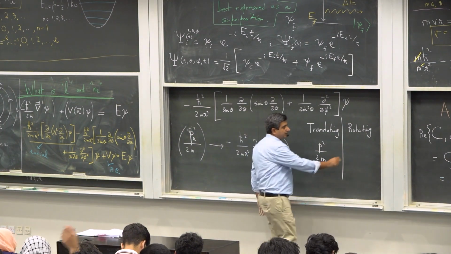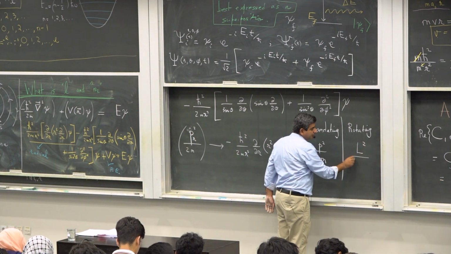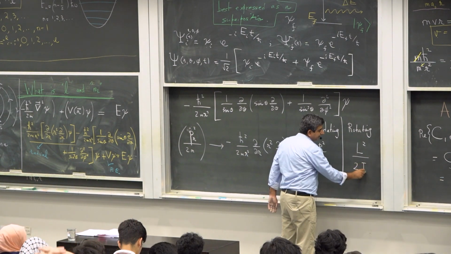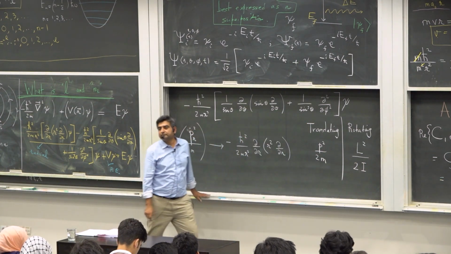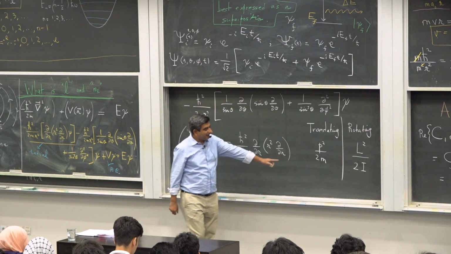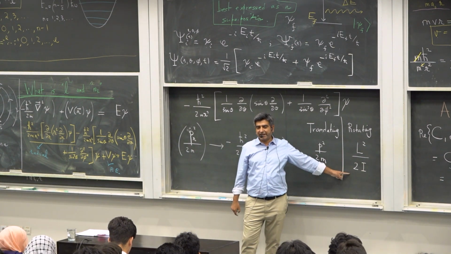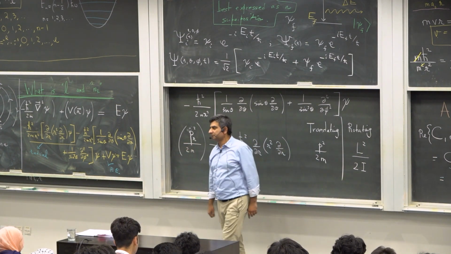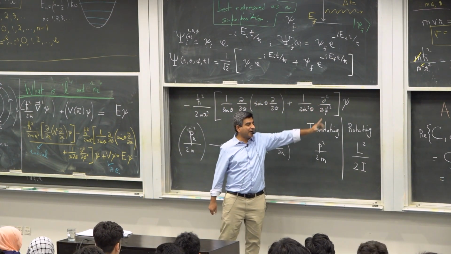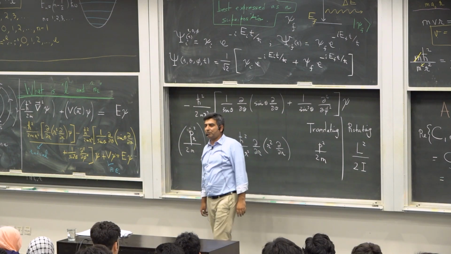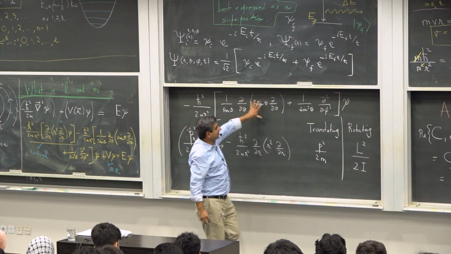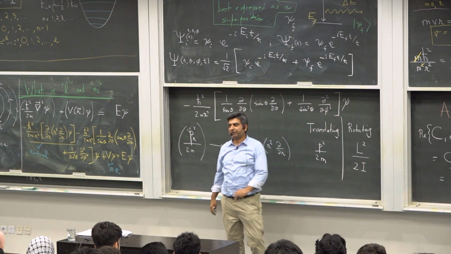So L squared over 2 times the moment of inertia, let's call it I. Alright, so this is the rotational kinetic energy of a classical object. Now does this expression somehow look similar to this? What kind of conceptual connection would you need to make this expression in big brackets look similar to this?